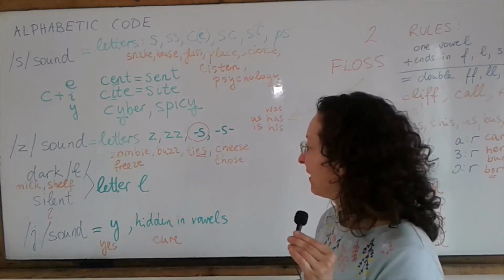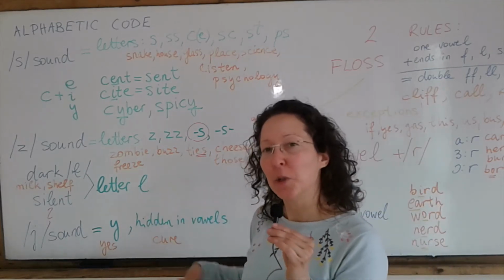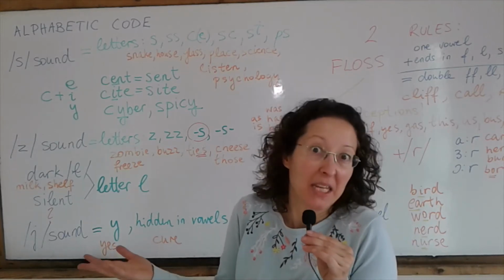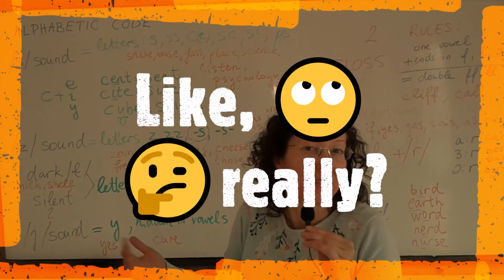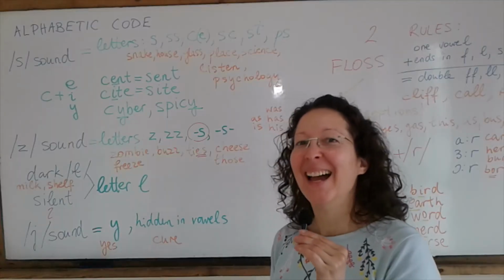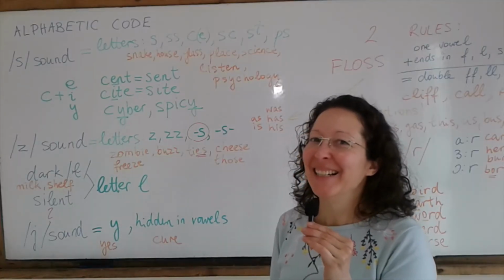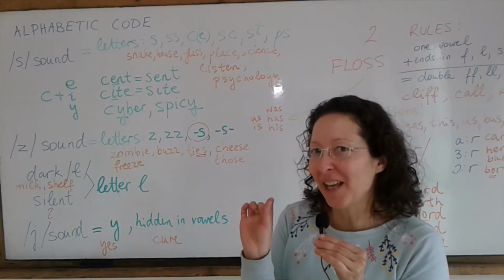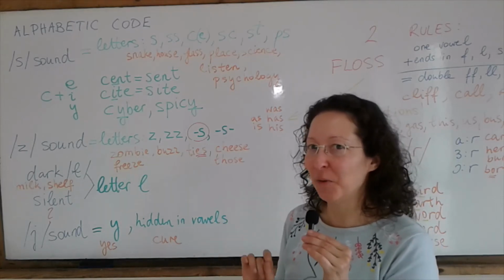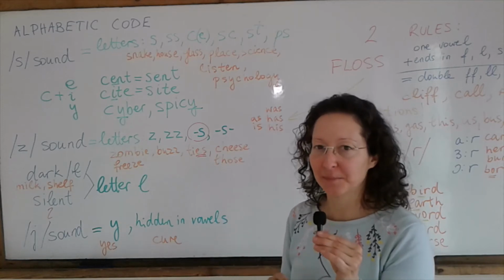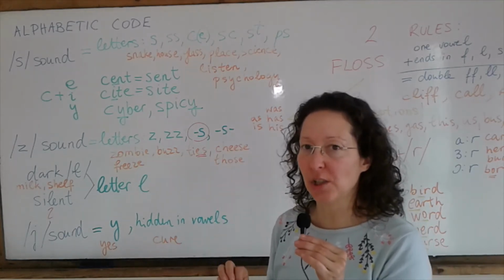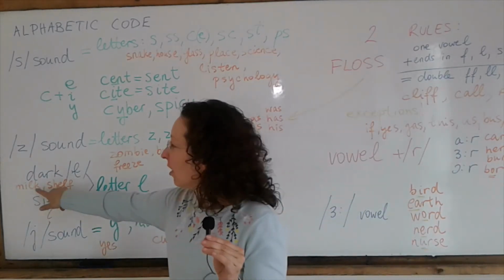Let's move on. There's the letter L, which usually represents the sound L. Like. But the sound L, or the letter L, can sometimes have a different quality. We call this a dark L. When the L is before another consonant, like milk.